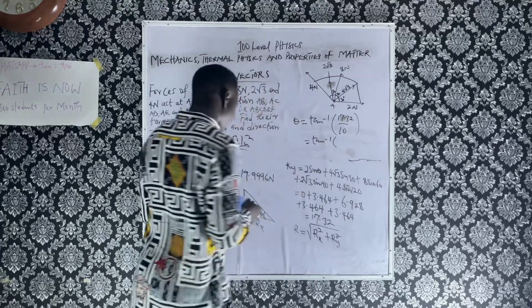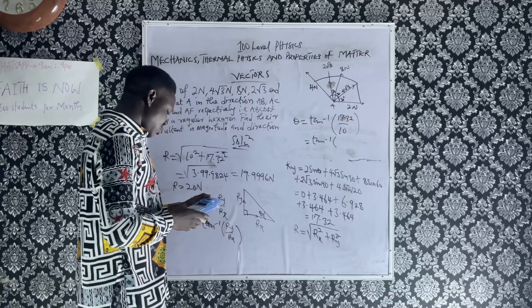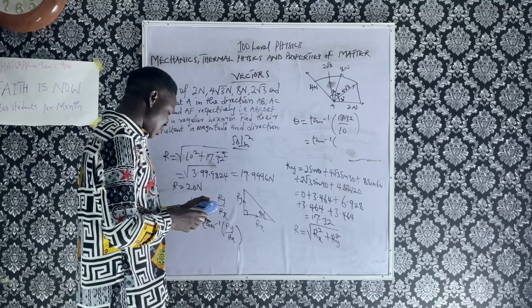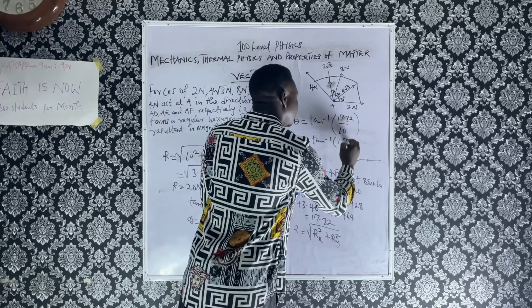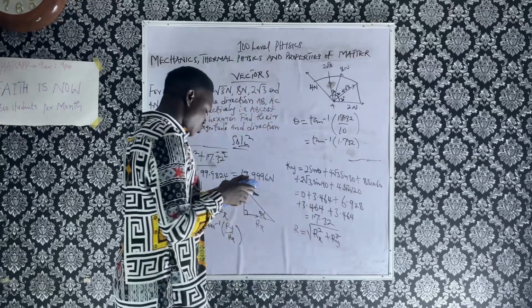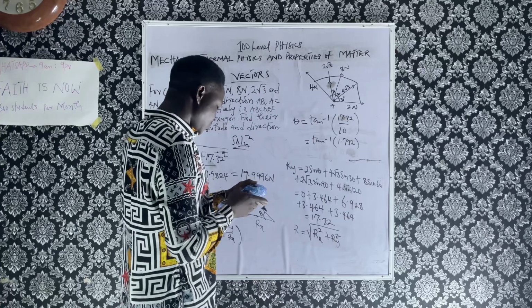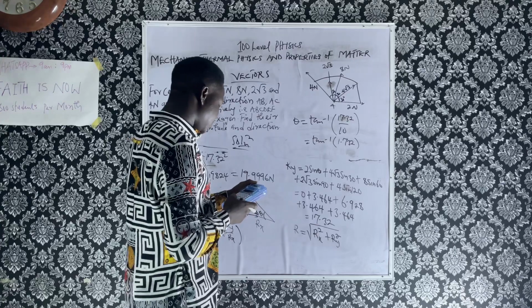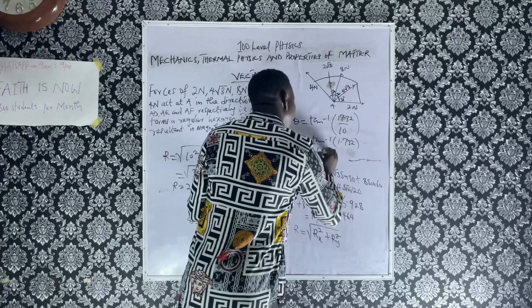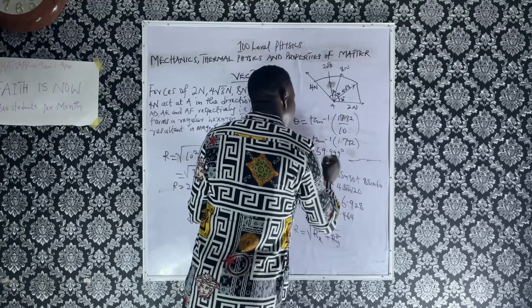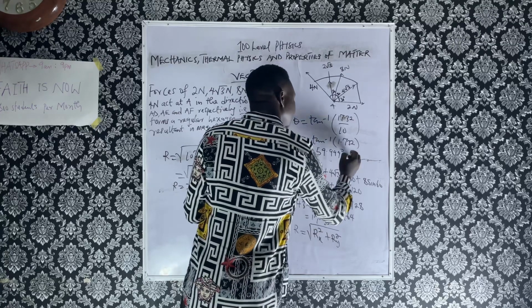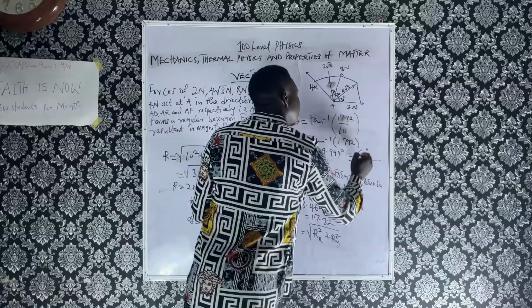So 17.32 divided by 10, 1.732. So if I take the inverse tan, the answer is 59.999 degrees, or we could just say 60 degrees.